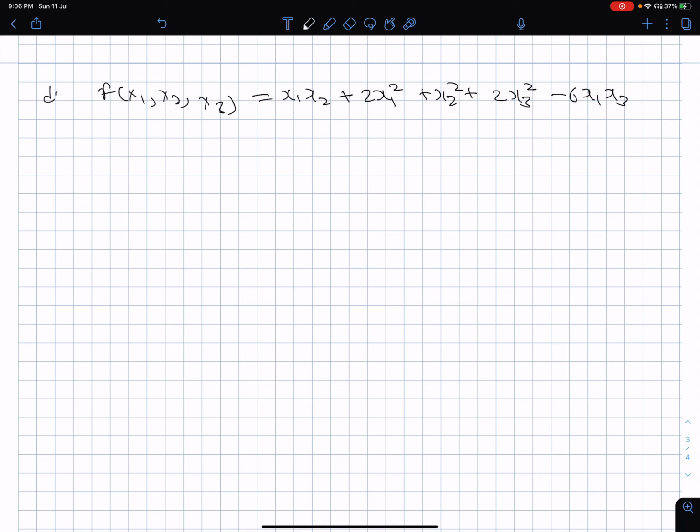Now this is the function which is given to us. We have to calculate first of all the Hessian.